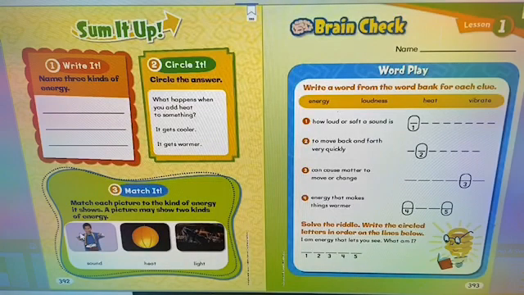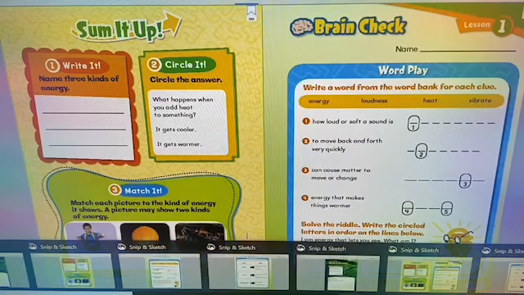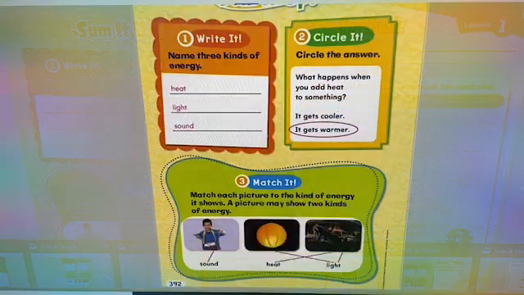What about this lamp? What kind of energy it can be? And ooh, I see fire. Are you ready to see the answers? Alright, let's see the answers.